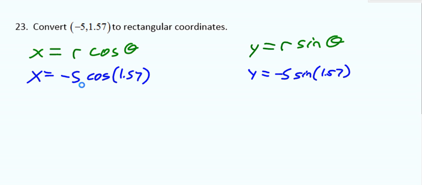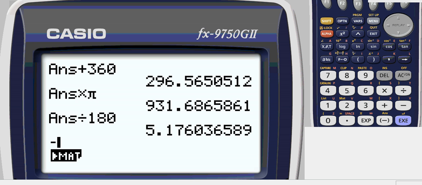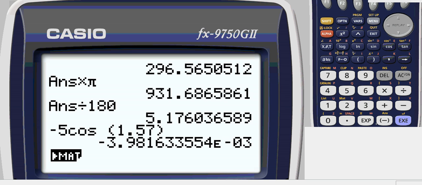And it's -5 cosine 1.57. So negative 3.98 times 10 to the negative third.